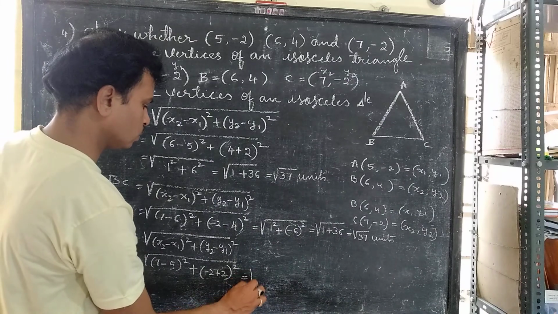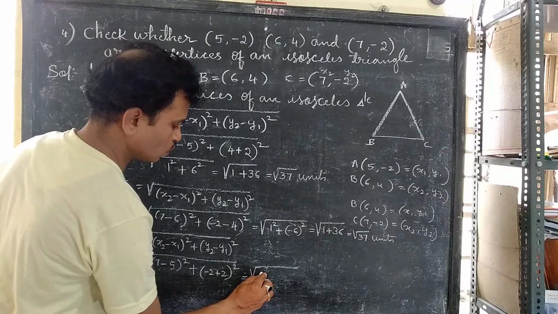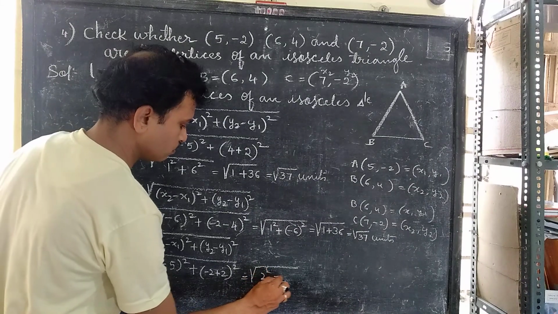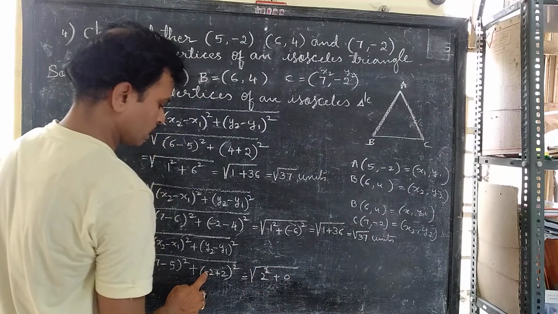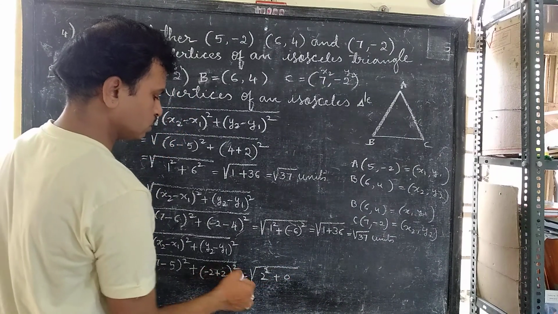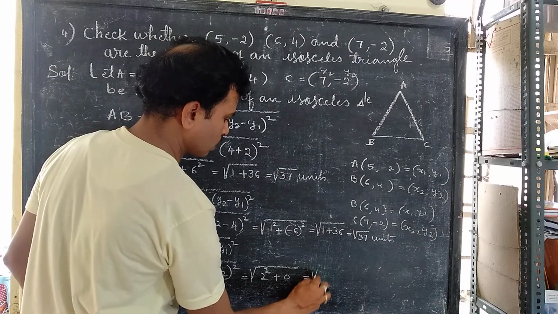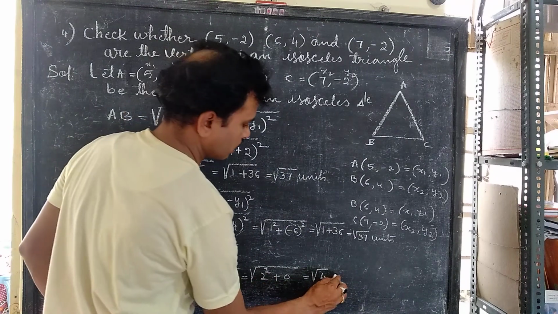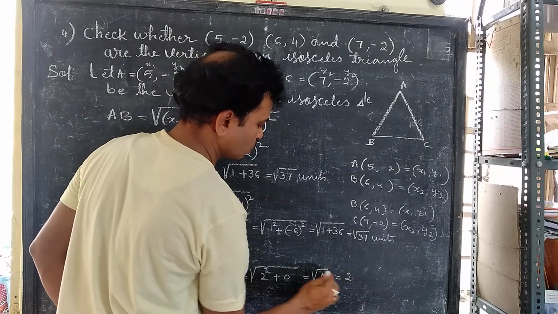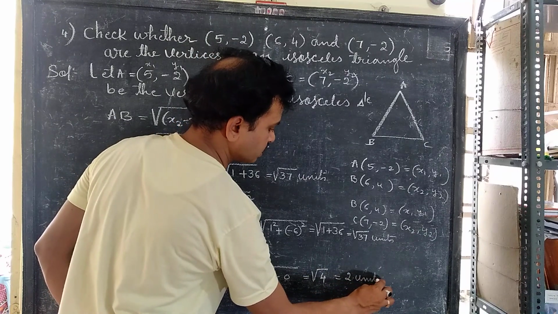That is 2 square plus 0 square, since -2 plus 2 cancels and becomes 0. So it is square root of 4, which is 2 units.